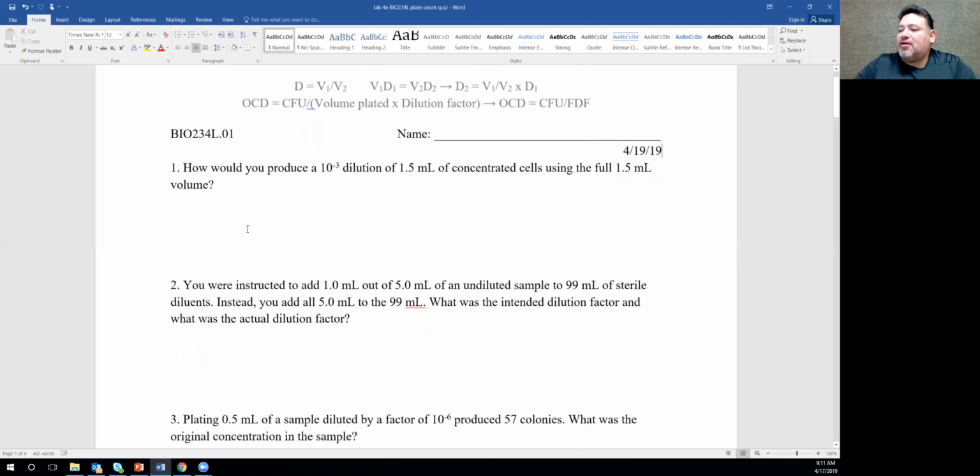So our first problem teaches us about dilutions, what a dilution is. And it's not a complicated concept. If you take 1 milliliter of cells and you mix it into 9 milliliters of broth, you have turned that 1 milliliter into 10 milliliters. It's a 10x dilution.